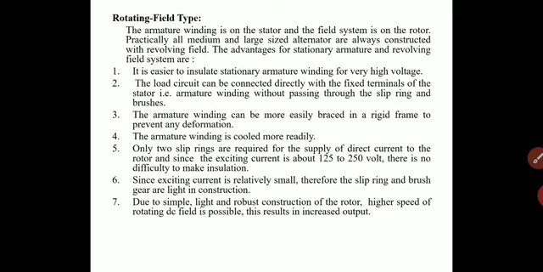And what is the advantage of a stationary armature and revolving field system?